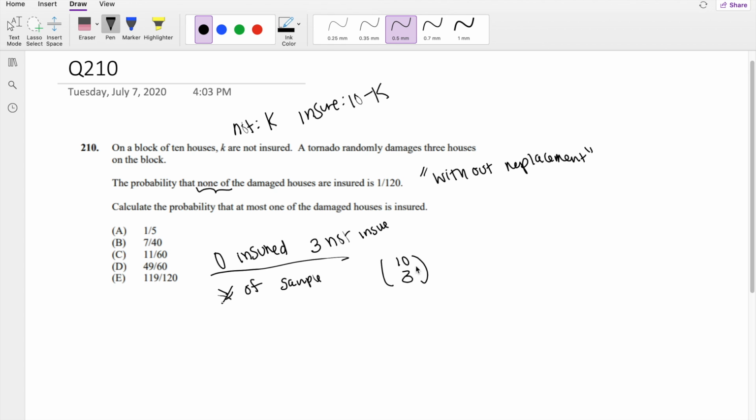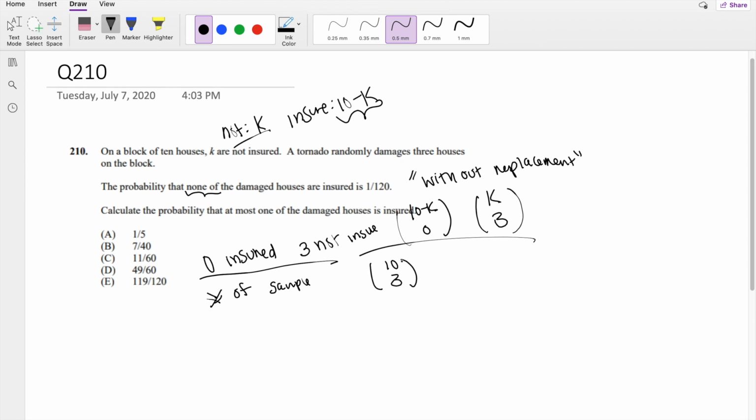So how many different ways can that happen? Well, the ways you can have 0 insured is 10 minus k choose 0. And not insured is k, so out of k, you're choosing 3. So this is equal to 1 over 120.